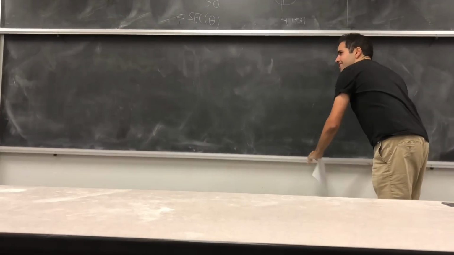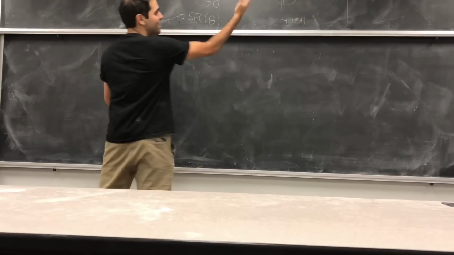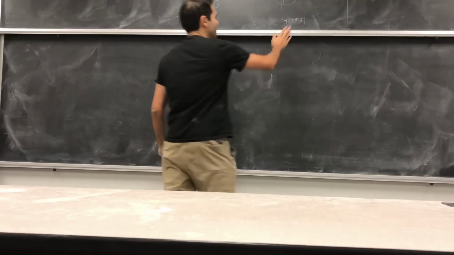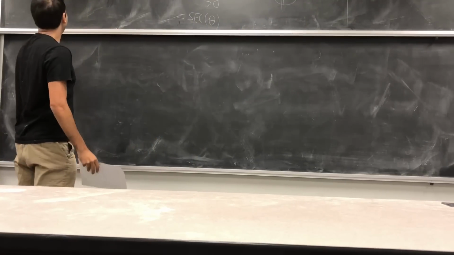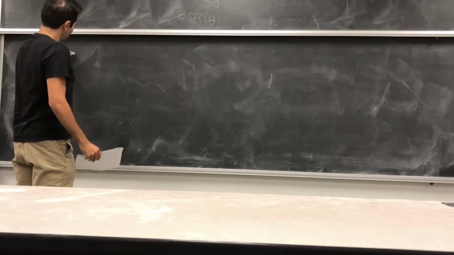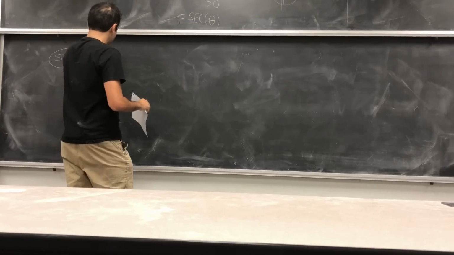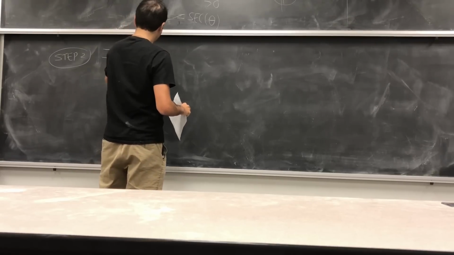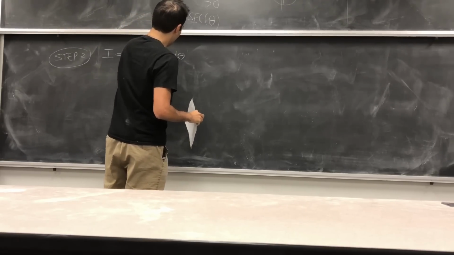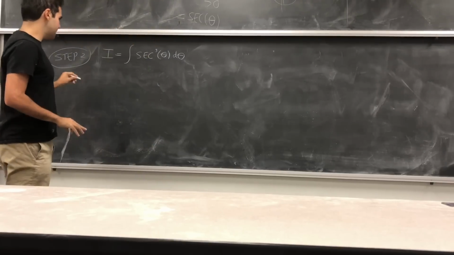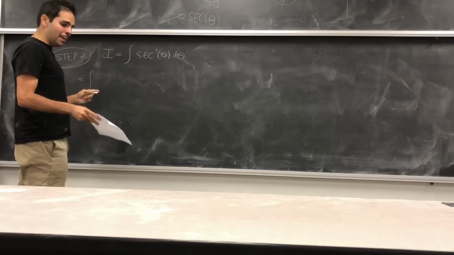I mean, in math we don't really judge, every integral is alike. But here, the point is we still have a nasty integral, whatever. Okay. So step 2 is to evaluate that integral, and let me call this I. And you'll see why in a second. So I equals the integral of secant cubed theta d theta, but this is hard to manage.